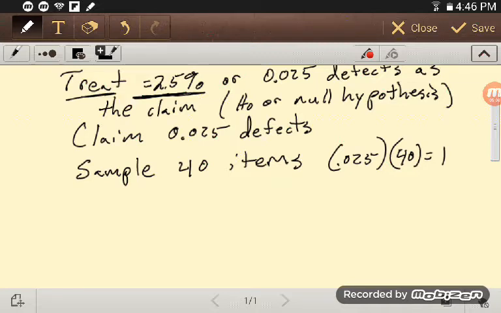Now, I sample 40 items, and I just chose it because it made that nice 1 with the 2.5%. But I sample 40 items and find, let's see, how many do I find? I find 3 defective items.